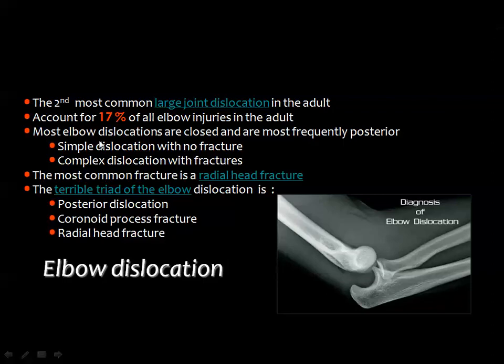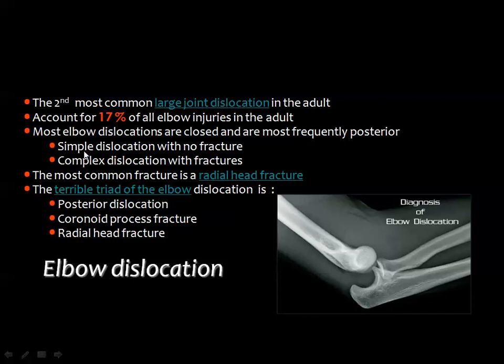The elbow is the most common joint to be dislocated in adults after the shoulder joint, and the dislocations are closed, and most frequently they are posterior in direction.